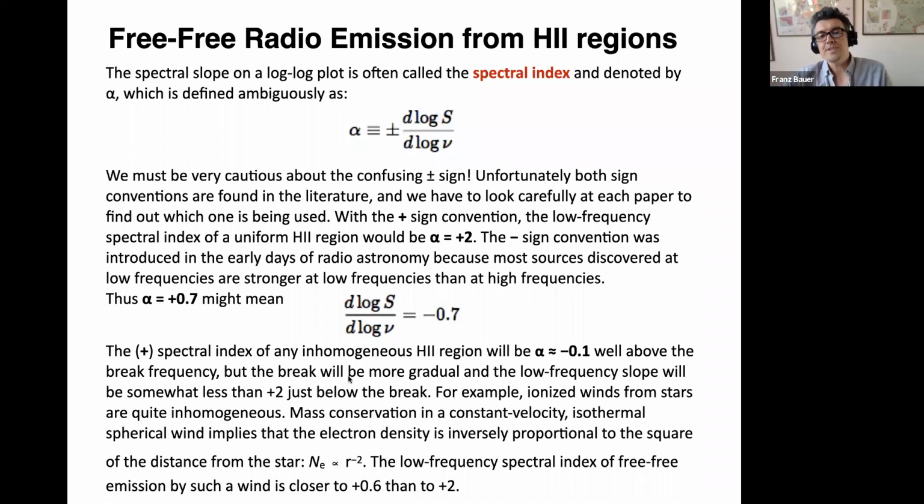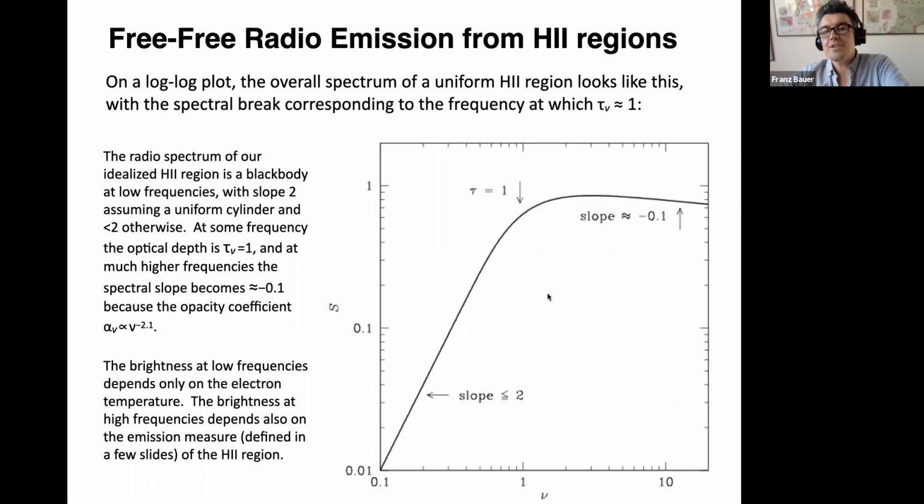And the break, what happens is, this is for a homogeneous system where it's all uniform density. If you have pockets of different density, this is going to be different depending on exactly where you are, because this goes as density squared, right? Well, tau goes as the density times the cross section times the size.